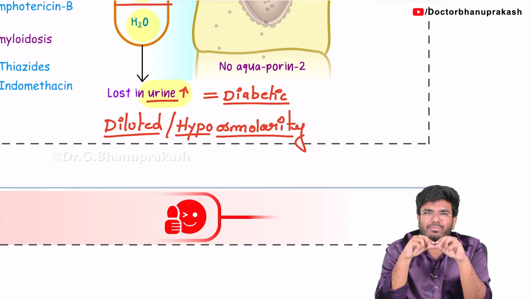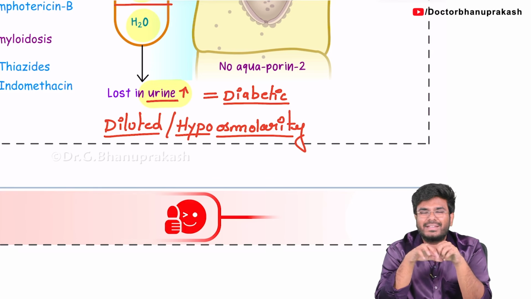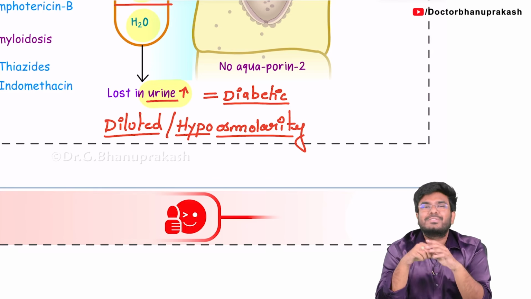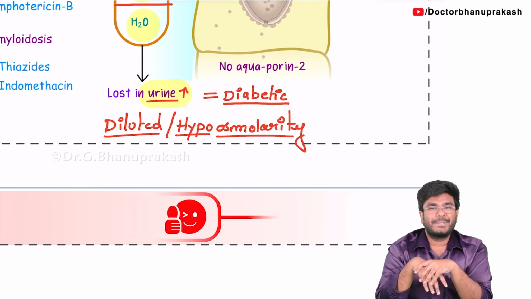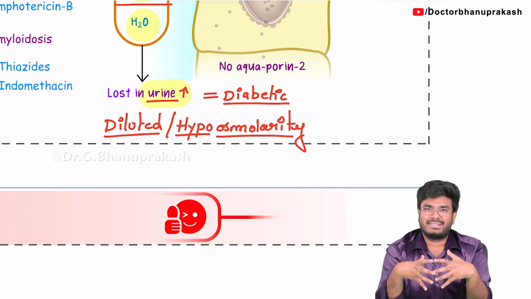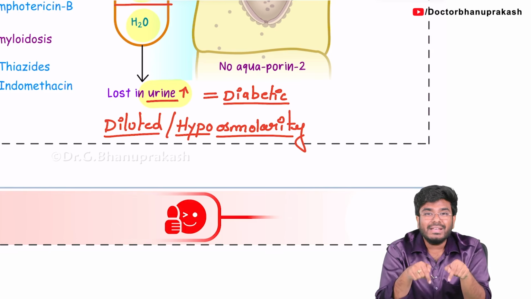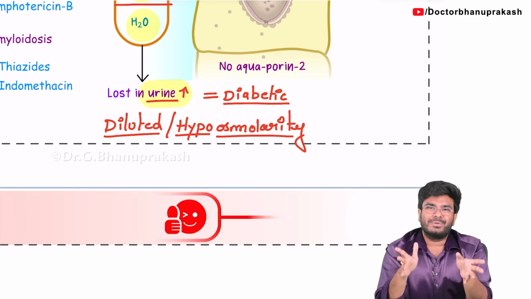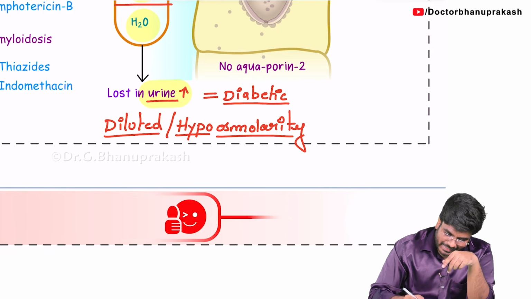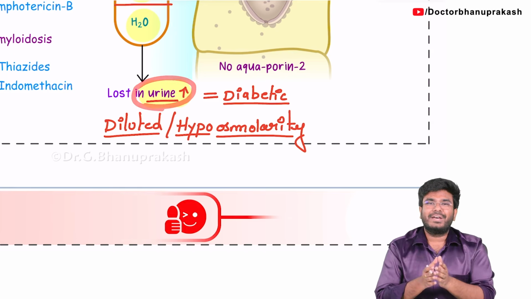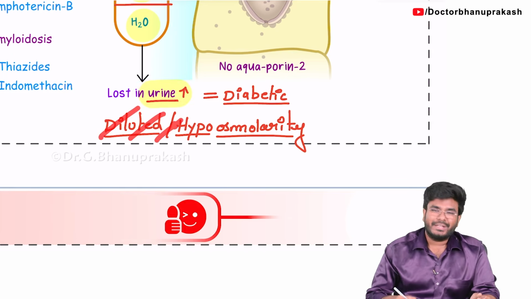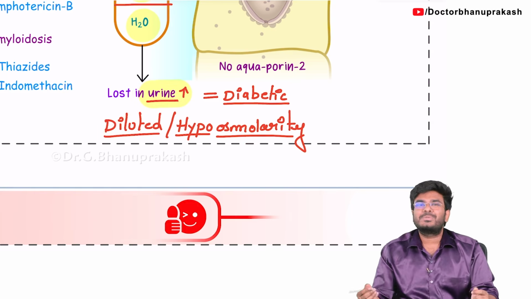Now, when you are adding water to it, tell me what will happen to the volume? The volume is going to increase. But what will happen to the taste of the cola? The taste of the cola is going to go down, right? So, when you dilute things, the taste will decrease. Now you understand? As you are adding a lot of water, the urine will become diluted, and diluted things will lose taste.